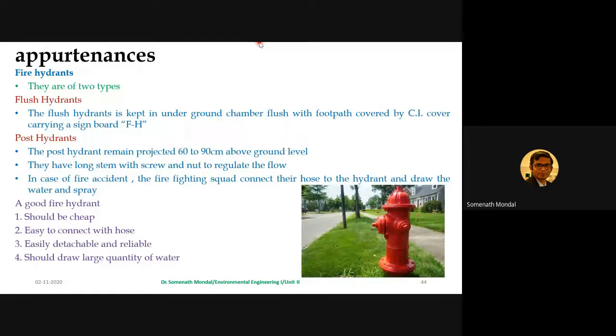Again, it is painted red, and they are 60 to 90 centimeters long. They have a long stem with screw and nut to regulate the flow. In case of a fire accident, the firefighting squad connects their hose directly to the hydrant, draws the water and sprays it on the place of the fire. Fine.